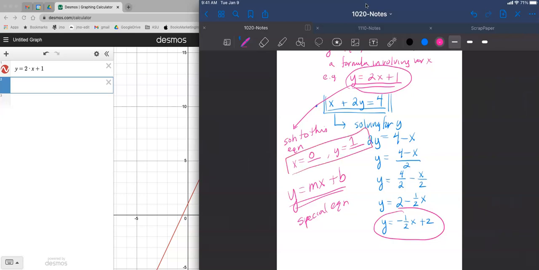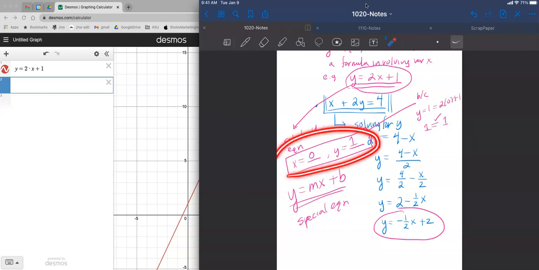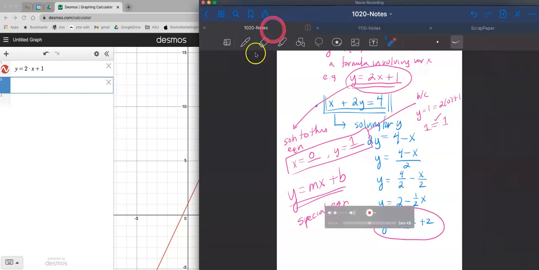X is equal to 0, y is equal to 1, because if you put in 1 for y and 0 for x, you'll notice that 1 does in fact come out equal to 1. So that's a true statement. And because that statement is true, we are saying that x is equal to 0, y is equal to 1 is a solution to this equation right here. What does it mean to be a solution?